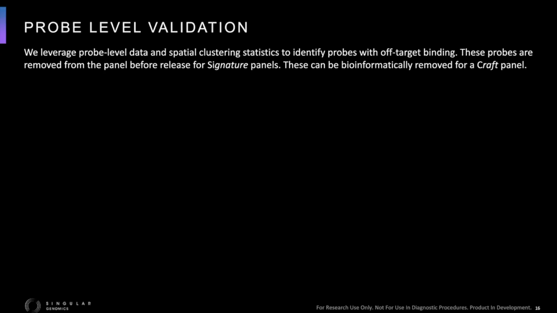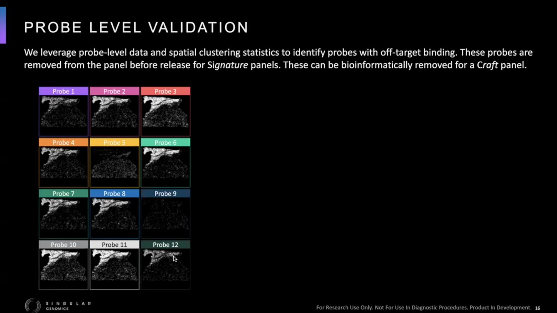These probes are removed from the panel manually before we release the panel to you in our signature panel process. While this is something that we do for you for the signature panel process, I want to note that these can be bioinformatically removed manually if you've done the CRAFT panel design. So this does not exclude you from doing this just because you didn't choose our signature process.